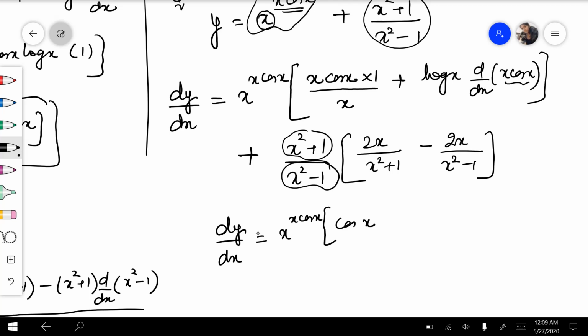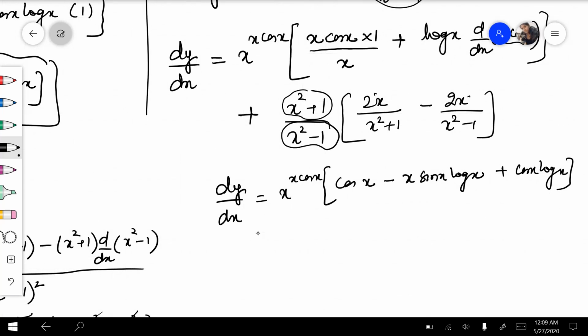Here we have the product of two functions. The first function into derivative of second, that is minus x sine of x into log of x. Then second function into derivative of first, which is equal to cos of x into log of x. So this is simplification of first.